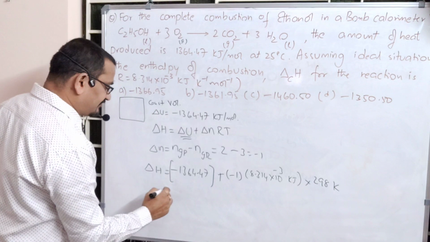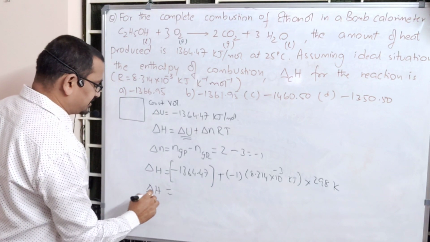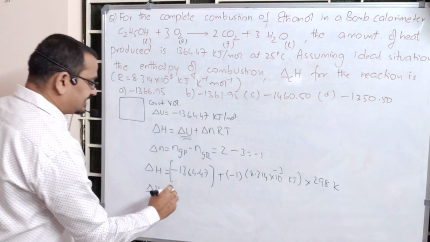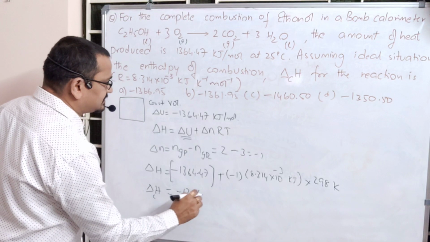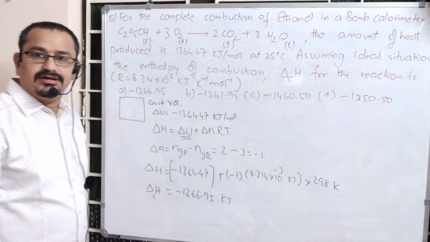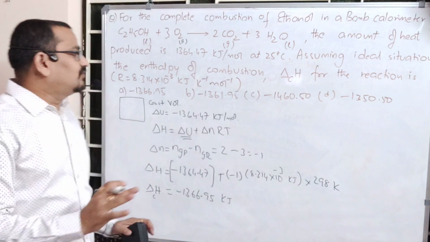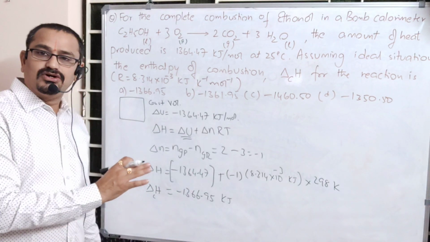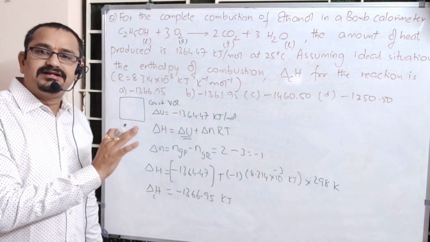So on simplification, delta H, the enthalpy of combustion, we will get as minus 1366.95 kilojoules. Right? So this is how we can solve questions based on enthalpy change and internal energy change.